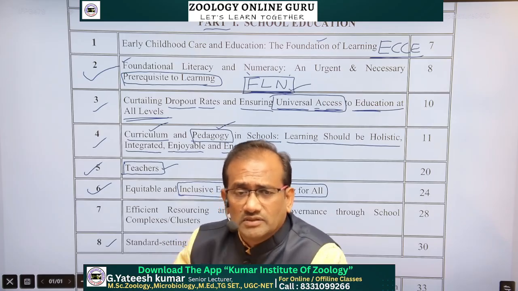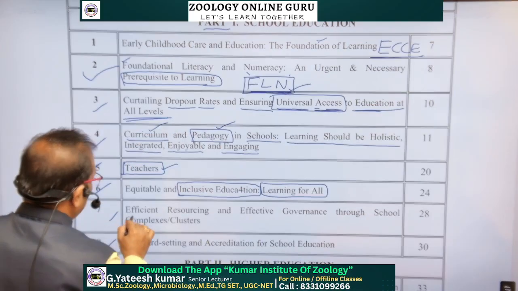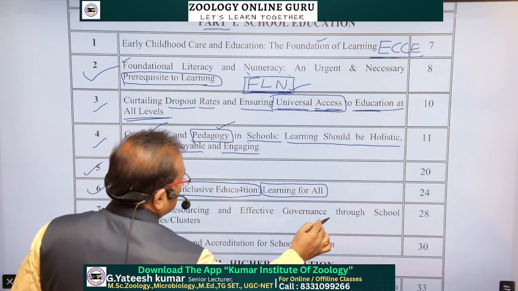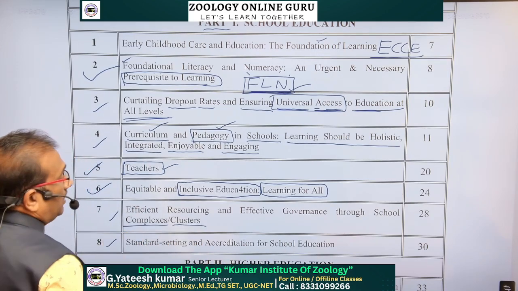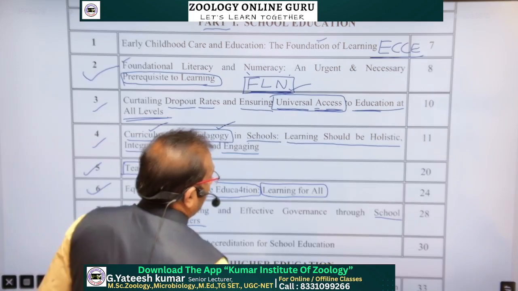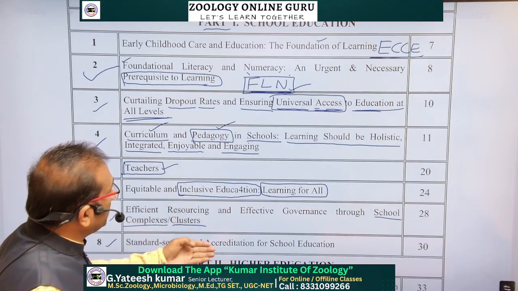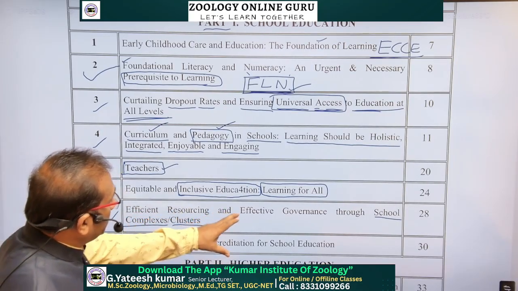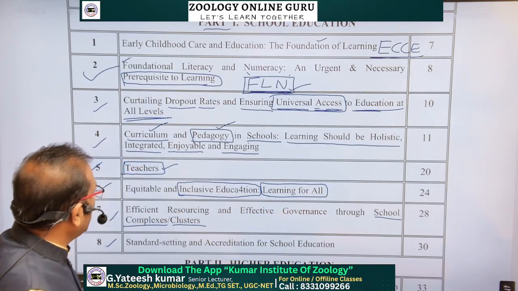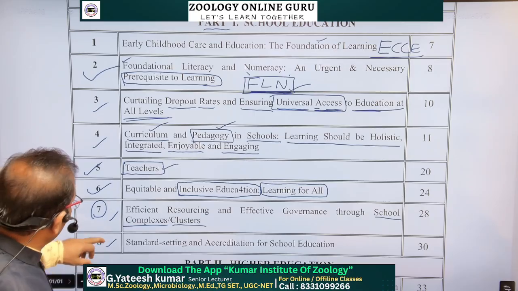And the last one, the seventh: efficient resourcing and effective governance through school complexes and clusters. In every government school they are following these school complexes and clusters, efficient resourcing and effective governance. So efficient resourcing and effective governance through school complexes and clusters is present in chapter 7 of part 1.